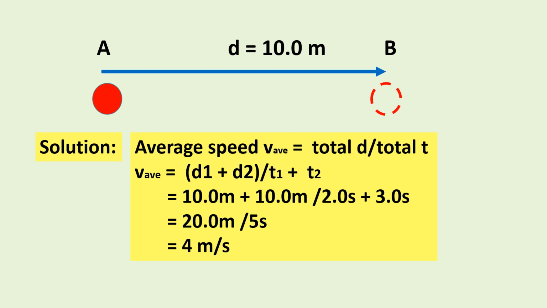All of this divided by the total time, which is the sum of 2 seconds and 3 seconds. So simplifying, we get 20 meters divided by 5 seconds, or an average speed of 4 meters per second. That's why our answer earlier was also 4 meters per second in letter C.